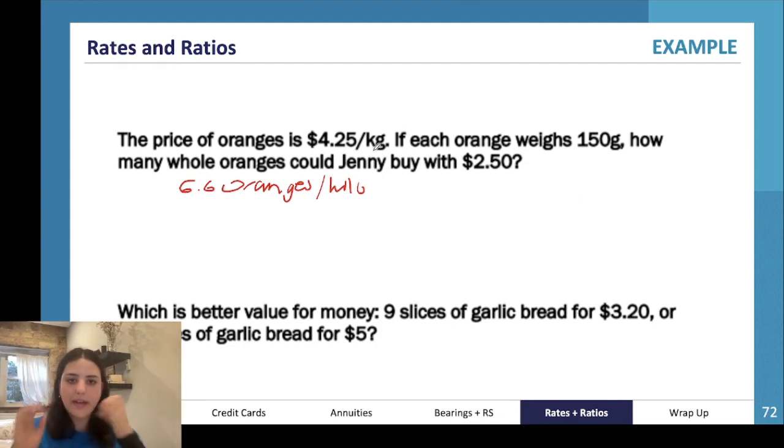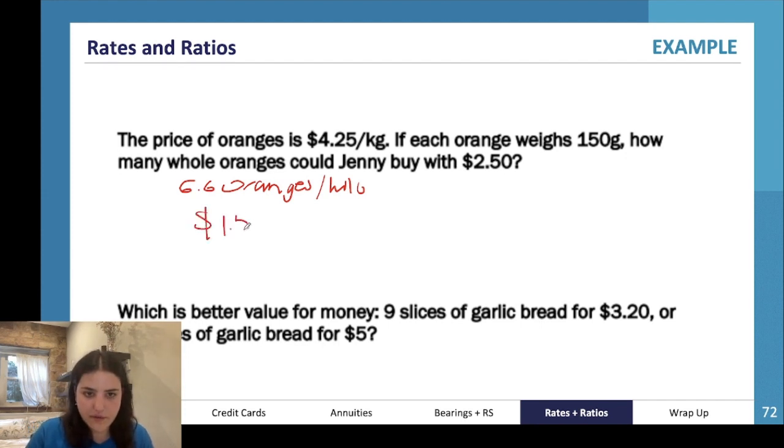So if we divide 6.6 down by $4.25, we find that one orange is approximately $1.55, and she has $2.50, so she could only buy really one whole orange, it's looking like.